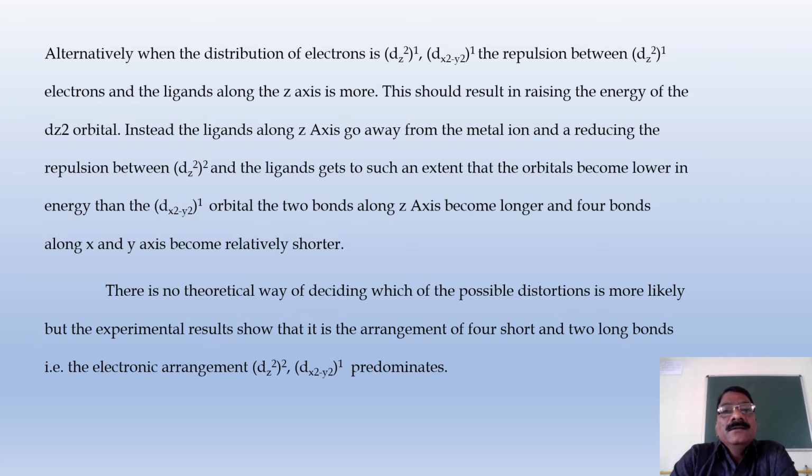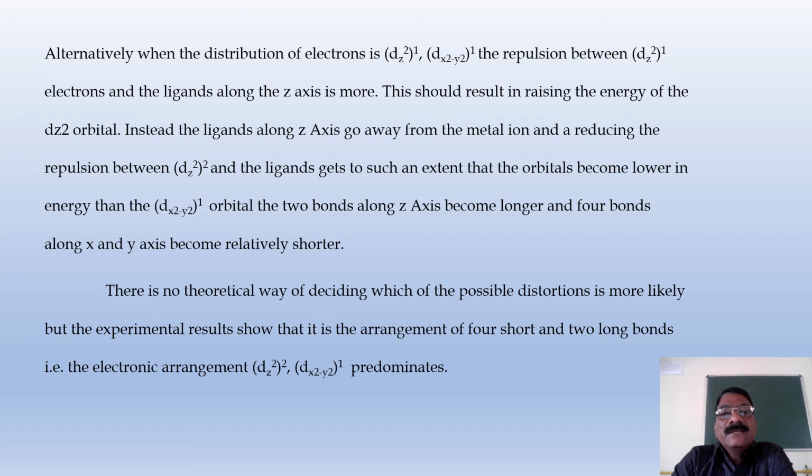Alternatively, when the distribution of electrons is dz square 1, dx square minus y square 1, the repulsion between dz square 1 electrons and the ligands along the z-axis is more. This should result in raising the energy of the dz square orbital.